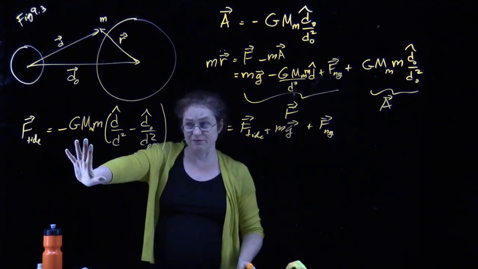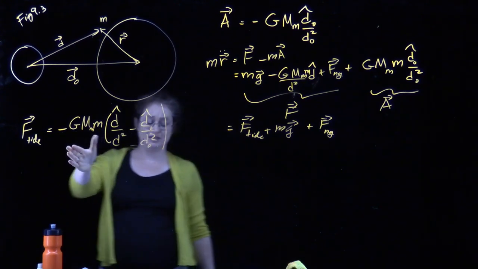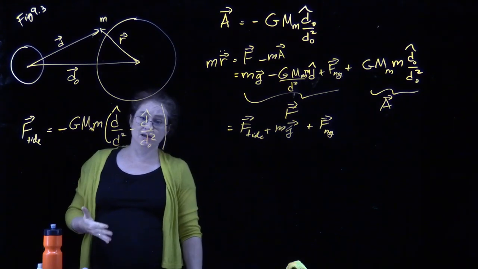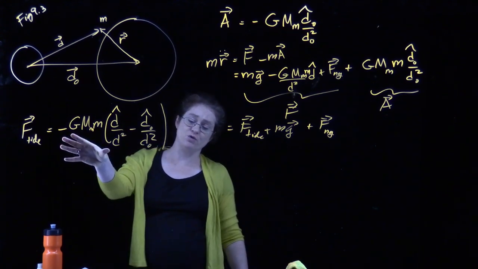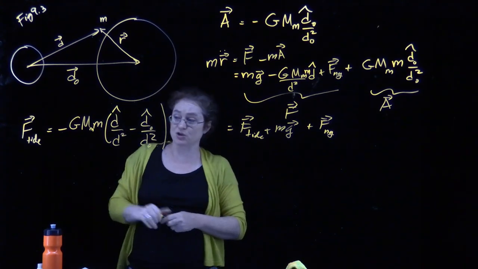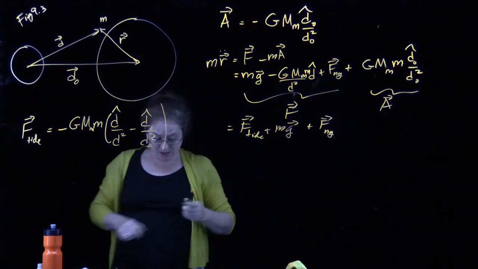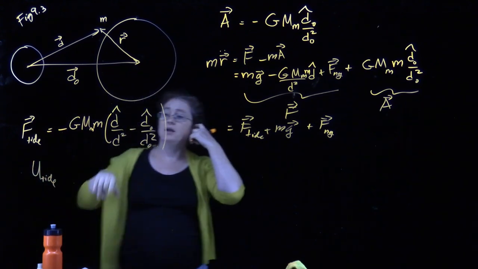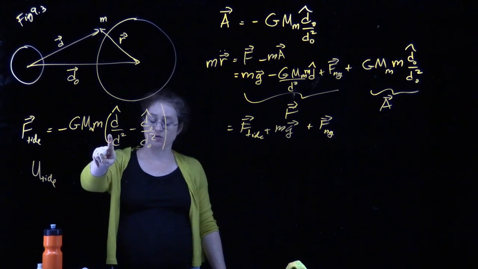It's hard to work with a vector equation, but since this has the same form as a gravitational force, we can actually write this as a potential. We can write an effective potential from the tides. We just integrate.